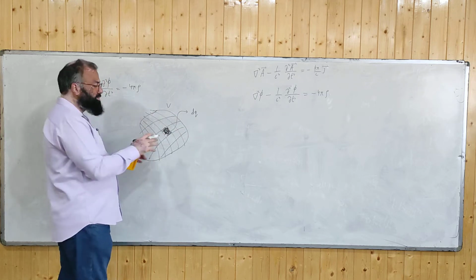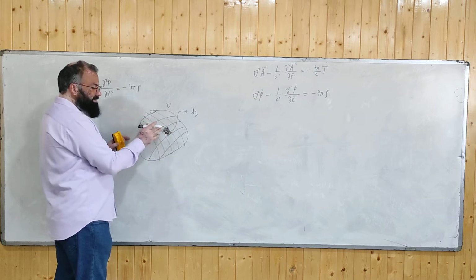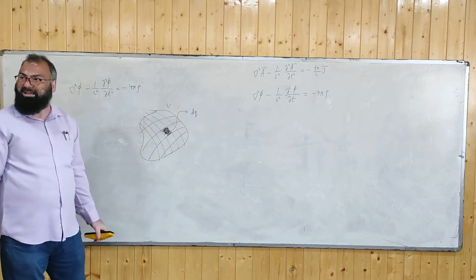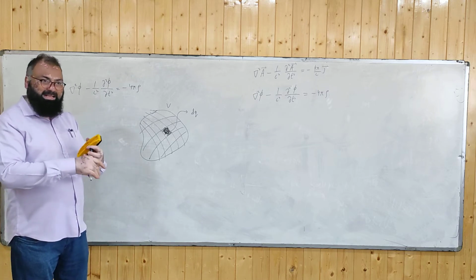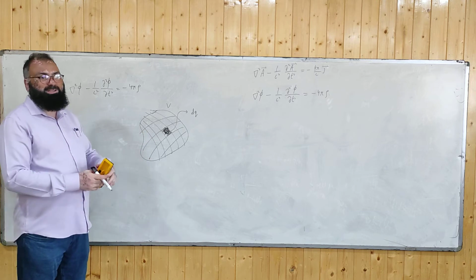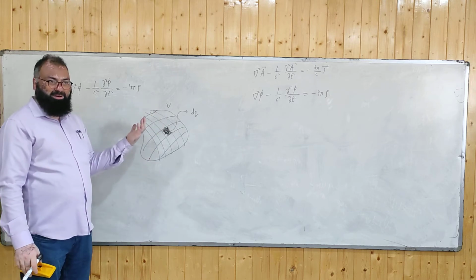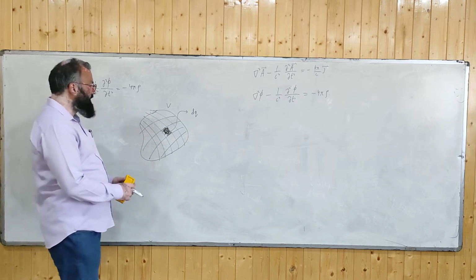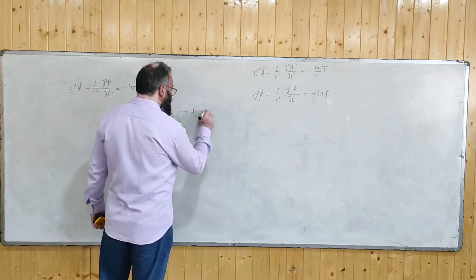Let's assume you uniformly cut this volume into pieces such that each element contains the charge dq. As time goes on, this dq can change, but the total charge in the system remains constant, conserved. Clear? So let's call it dq at a certain instant.